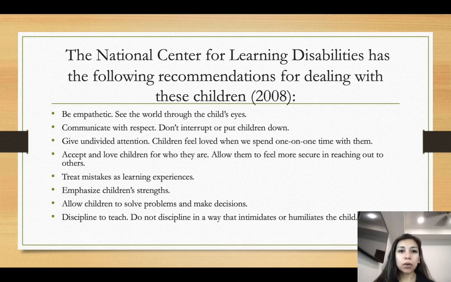You want to give them your full attention. You want to emphasize their strengths. You want to give them the time to solve problems and make decisions. And definitely with discipline, it will humiliate them. So it takes a lot of patience to deal with these kinds of students with disabilities.